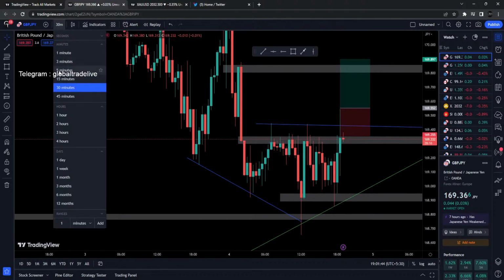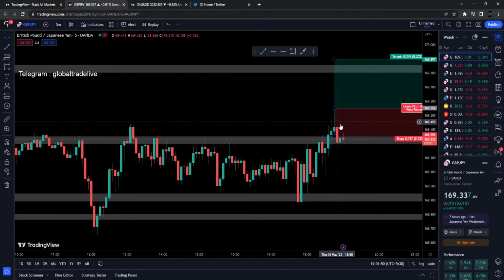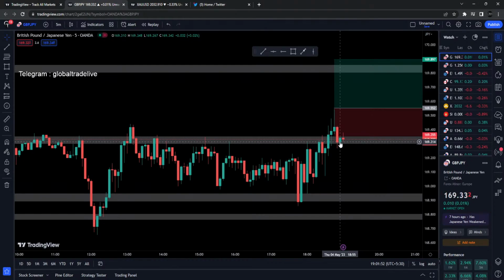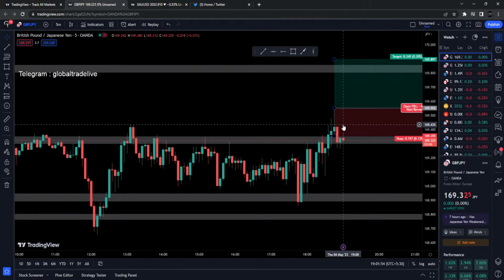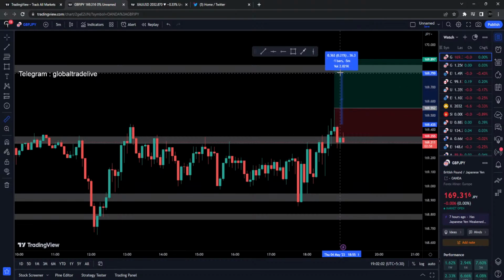So let's see what the 5 minute is showing us over here. The 5 minute is creating a support. So if this candle breaks this high, there will be a possibility of moving up, filling this wick, and it can move up then.